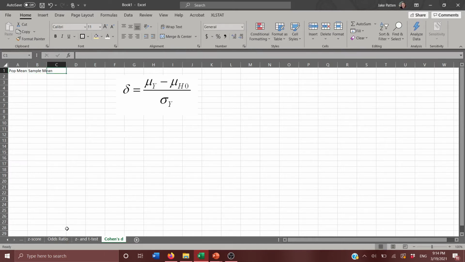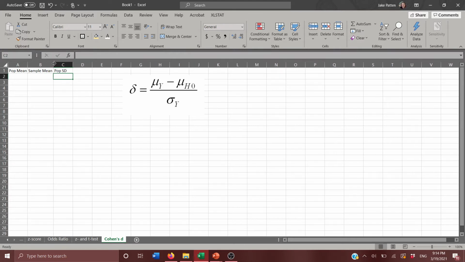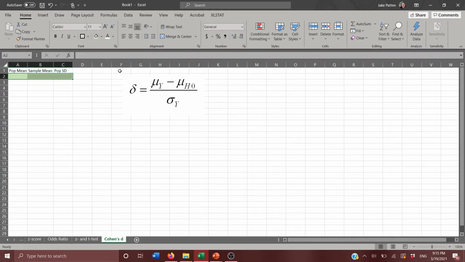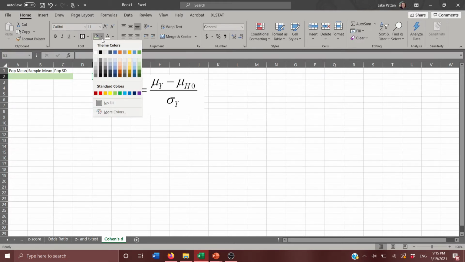Sample mean and population standard deviation. I'm going to move that out a little bit just so we can see what that says. Let's color these green so we know it's something that we need to put values in for. And here we're going to call this Cohen's D. And let's color that yellow.